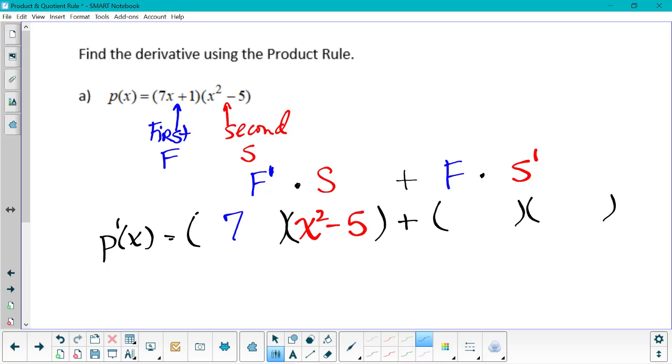So now I just copy down my first function, which is 7x plus 1. And then I find my derivative of my second function. The second function is x squared minus 5. So the derivative of x squared minus 5 is 2x. Okay, as far as I'm concerned right now especially, you can leave it like this. You do not need to simplify.